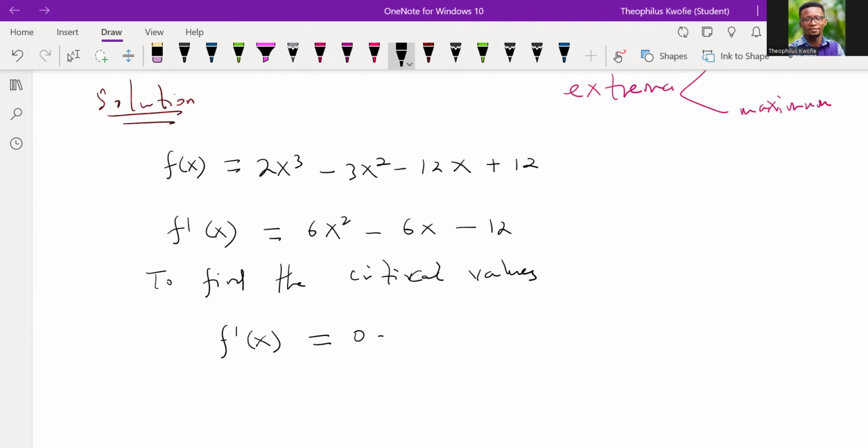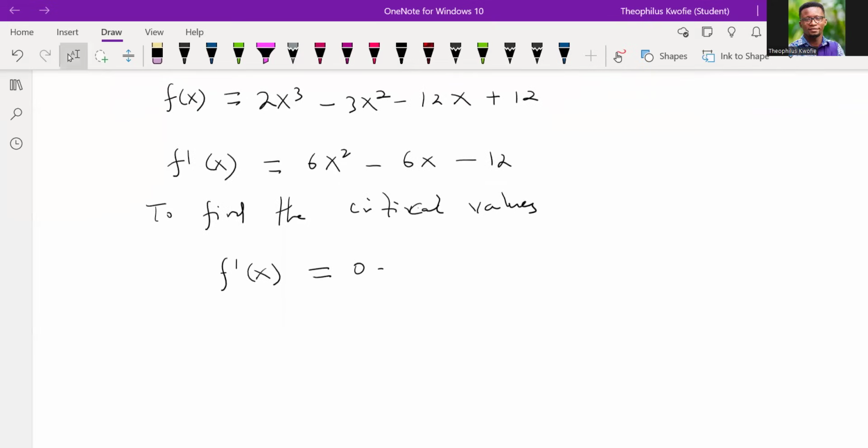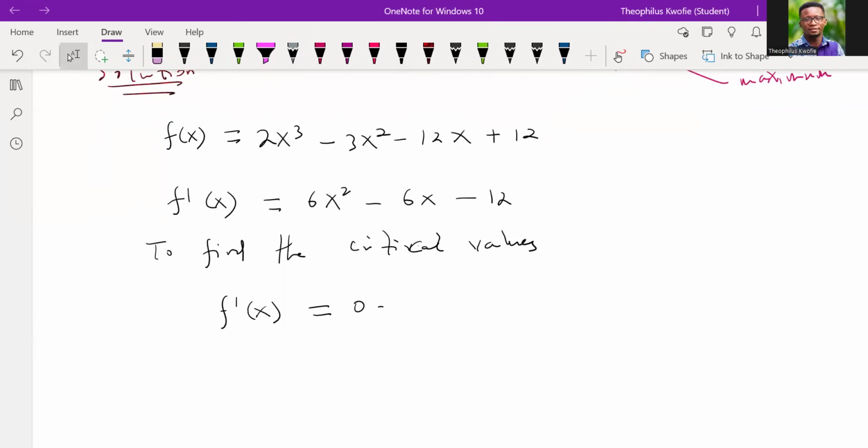And I also mentioned that for a polynomial function, there's no value where the first derivative would not exist. So I want us to take note. The only possibility will be this one. So what you're going to do, you're going to set this to 0, then we solve.